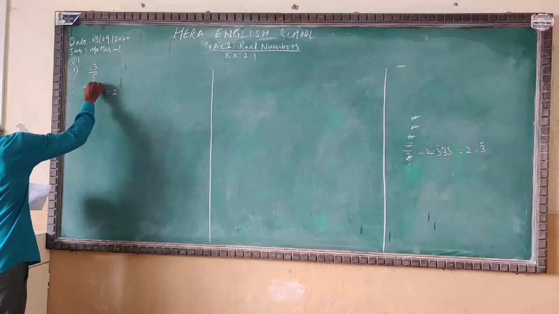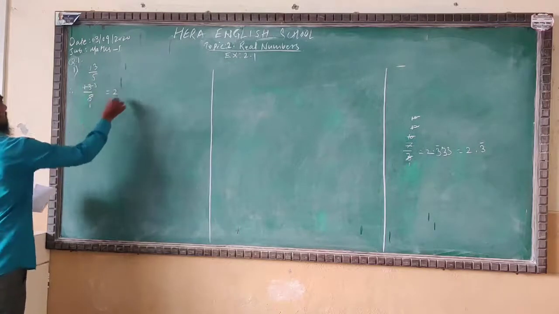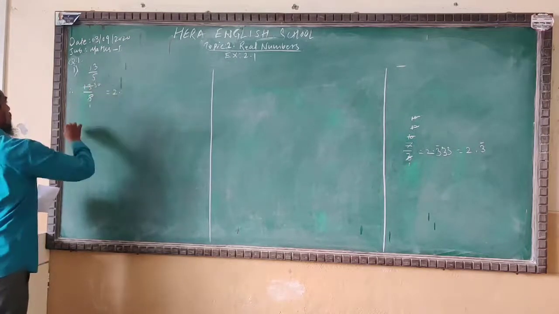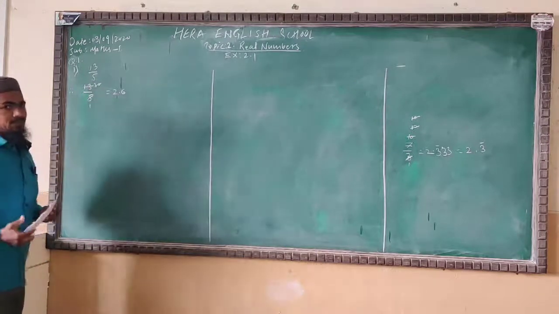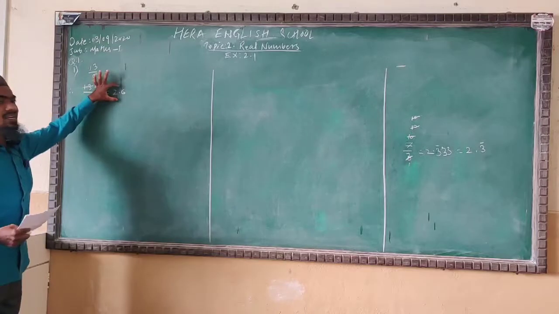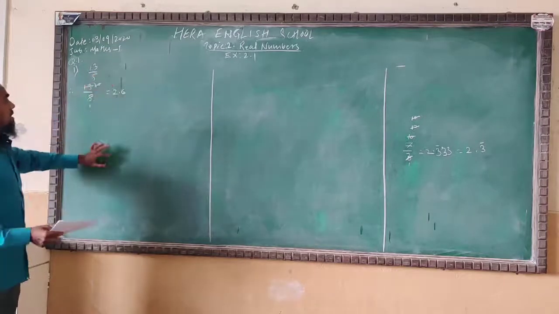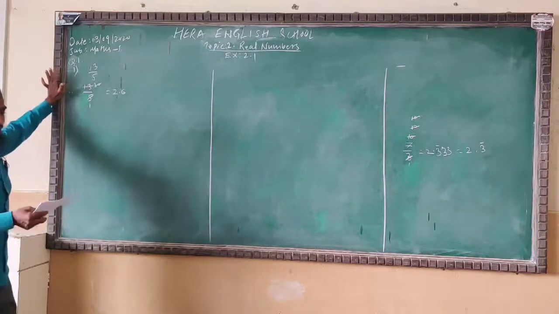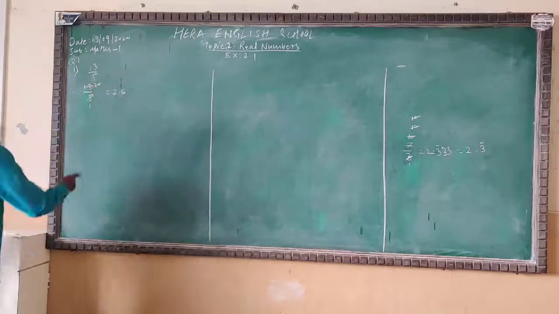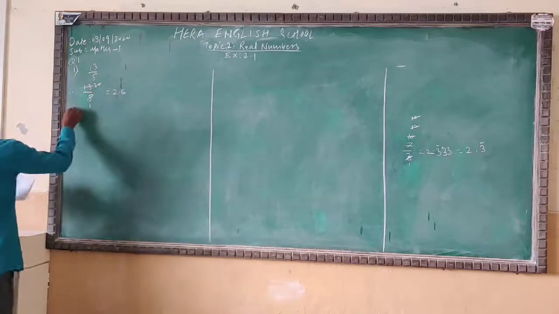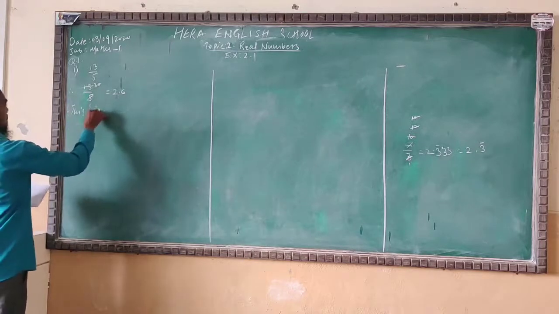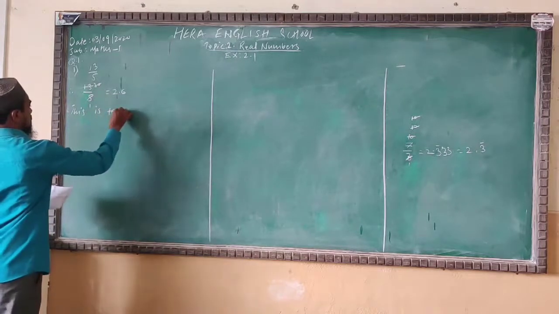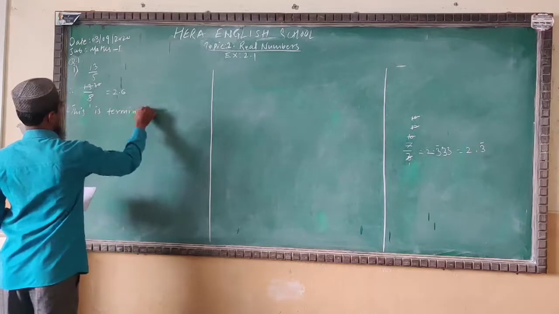From 30 minus 10 we will get 3. Take the point and 0. Now divide this one. 5 6 is 30. Here the division is completed. So if the division is completed, the number is terminating. This is a terminating number.